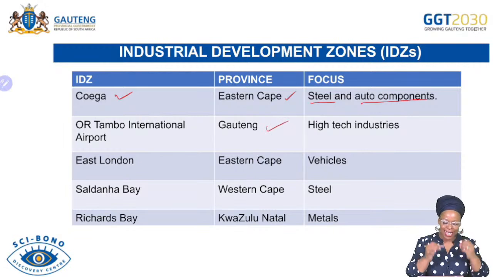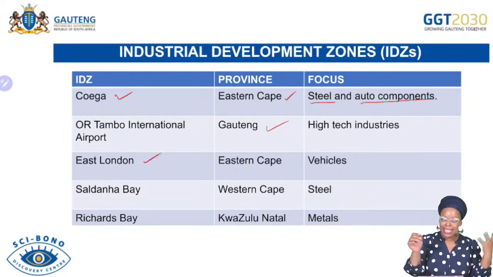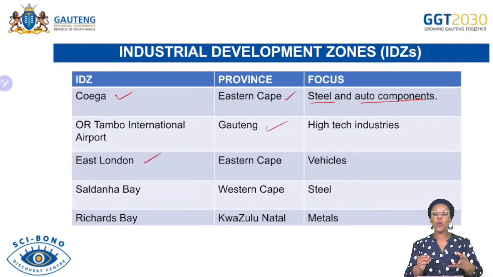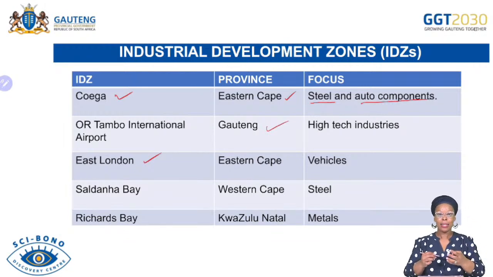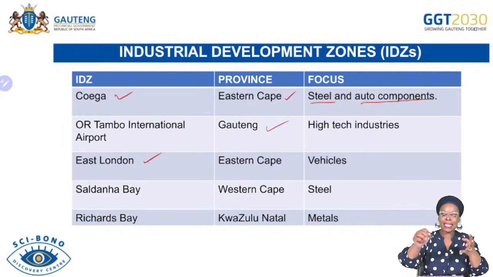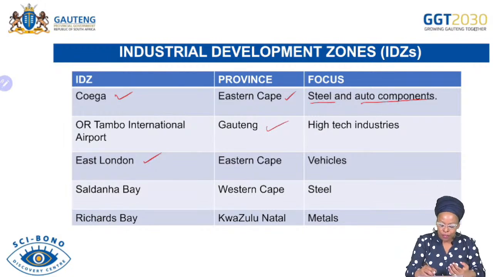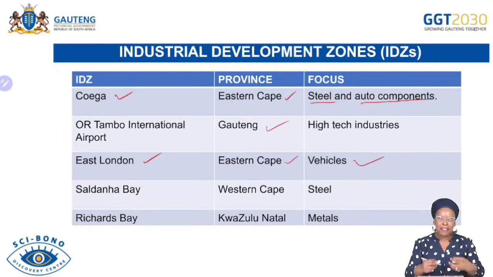We have East London IDZ, which is found where? First, you need to know where it's found, because you can be given a map for you to identify where these IDZs are found. So it is found in Eastern Cape, and it focuses on vehicles. We have Saldanha Bay IDZ, which is found in the Western Cape, and it focuses on steel.